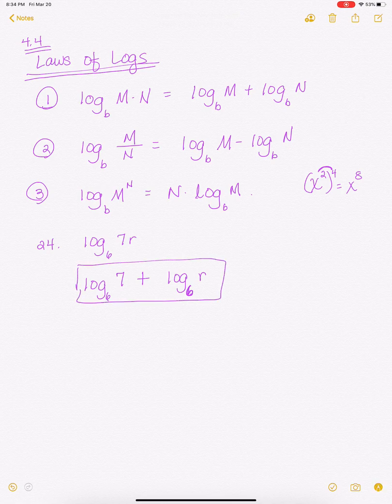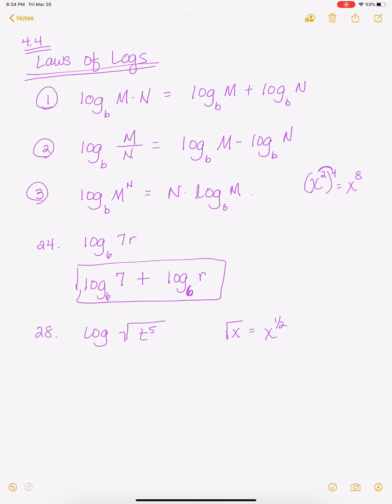All right, now if they throw something in like a radical, so this is log of the square root of t to the 5th. Okay, the first thing you want to do is get rid of that radical. Now remember that to write the square root of x with an exponent, not a radical, is to write it as a fractional exponent.